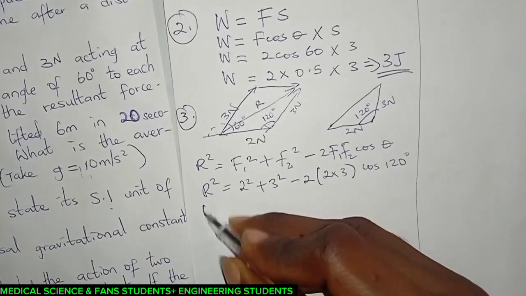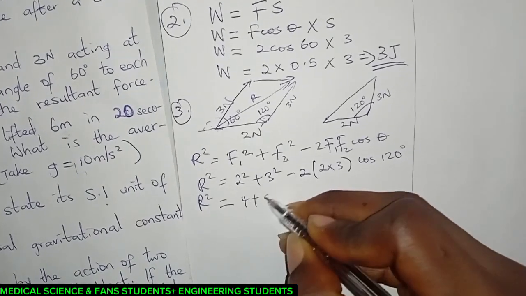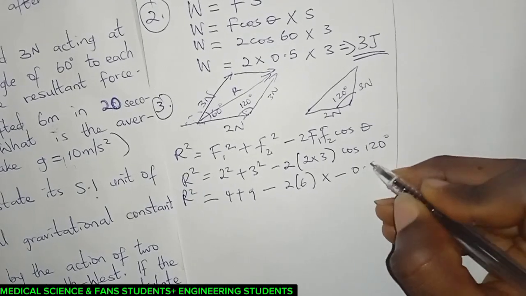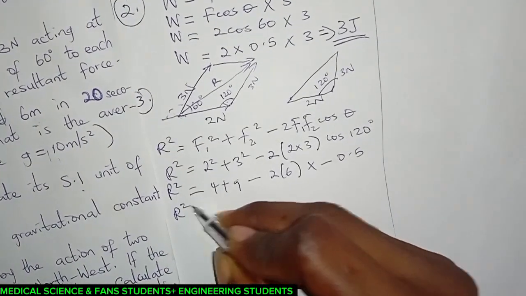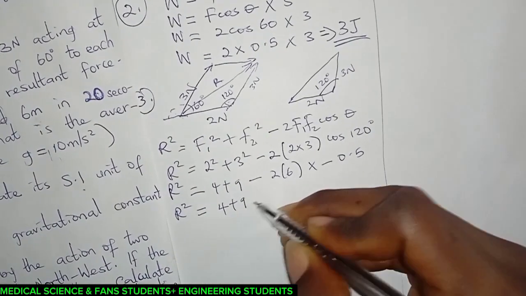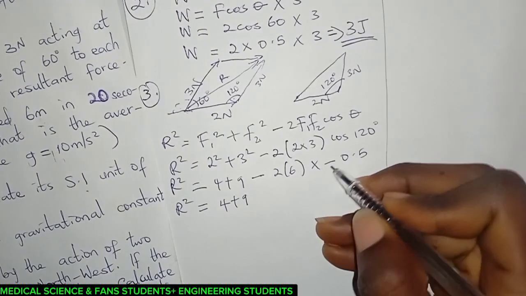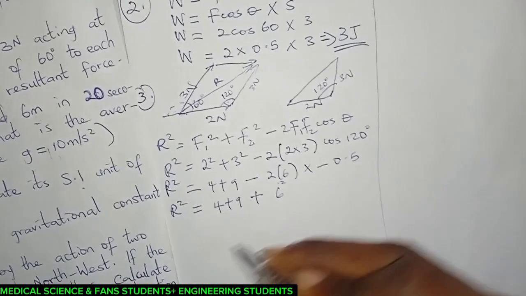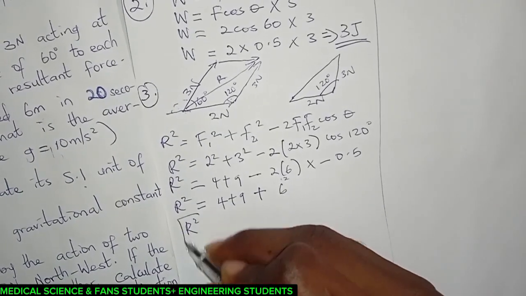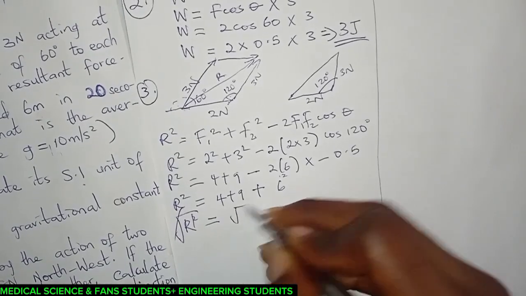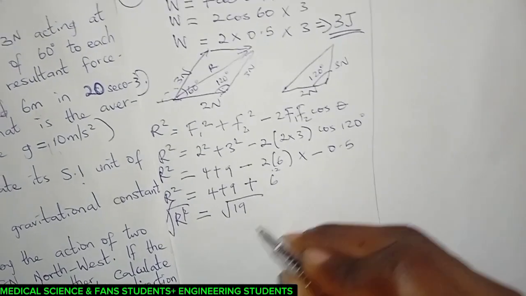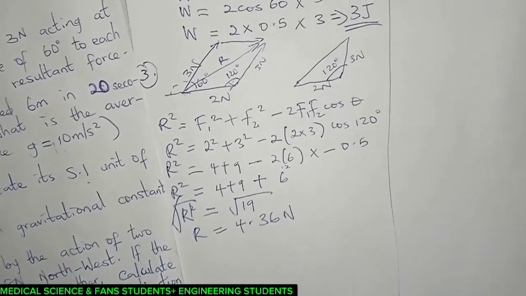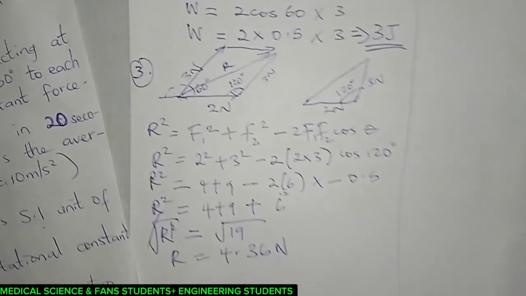So this is now the same thing as saying R squared equals 4 plus 9 minus 2 times 6 times minus 0.5. R squared equals 4 plus 9, then plus 12 times half, so plus 6. Taking the square root of both sides, R is equal to 4.36 Newton. So that is my R.